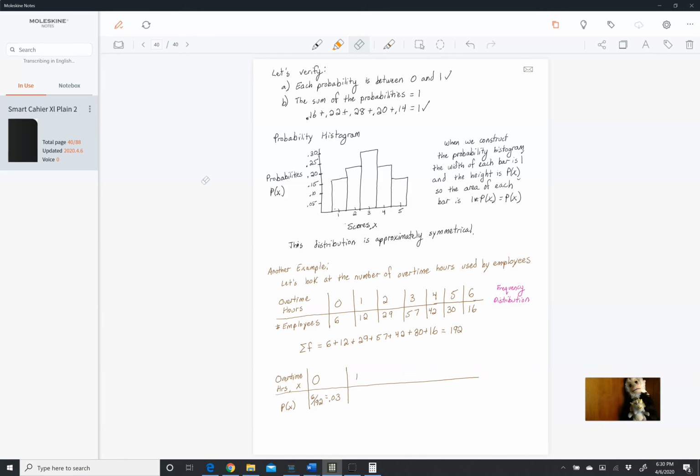For 1 hour, it's 12 over 192. So if you calculate that, that's just 0.06, very small probability. For 2, it's 29 over 192. So this is 0.15.